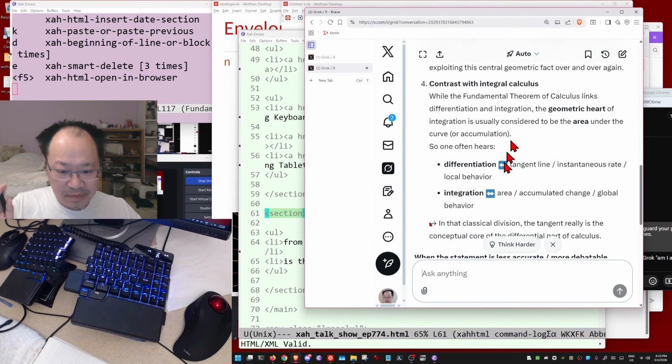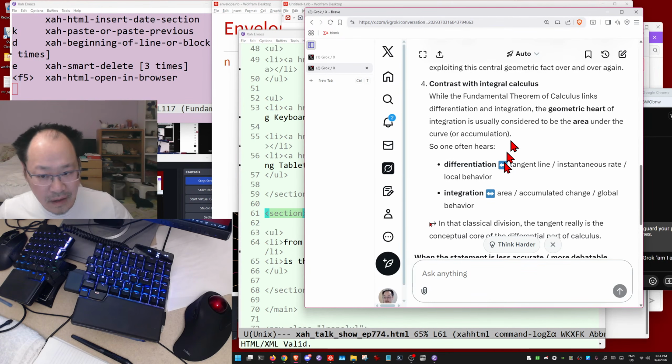Normally you can separate calculus into the differential, derivative or differentiation aspect, versus the integration or infinite sum aspect. One part of calculus you call differential calculus.